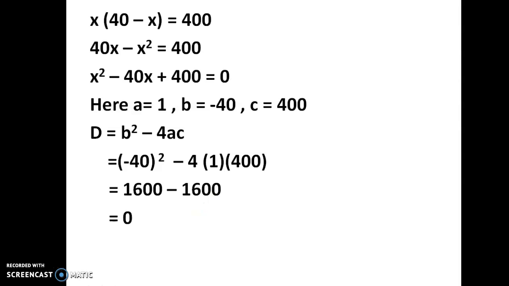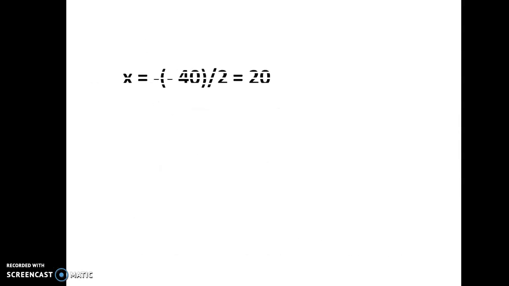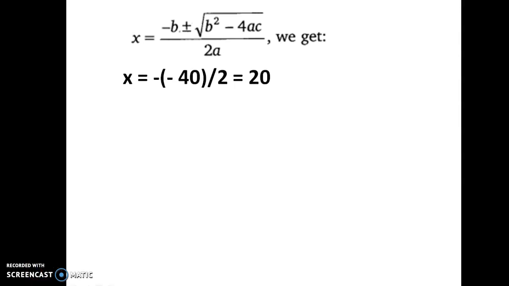So if the D value is 0, what does it mean? The quadratic equation has two equal real roots. So it will have two roots which are equal. Okay. So substitute in the formula. After substituting, you will have minus B, which is minus of minus 40.